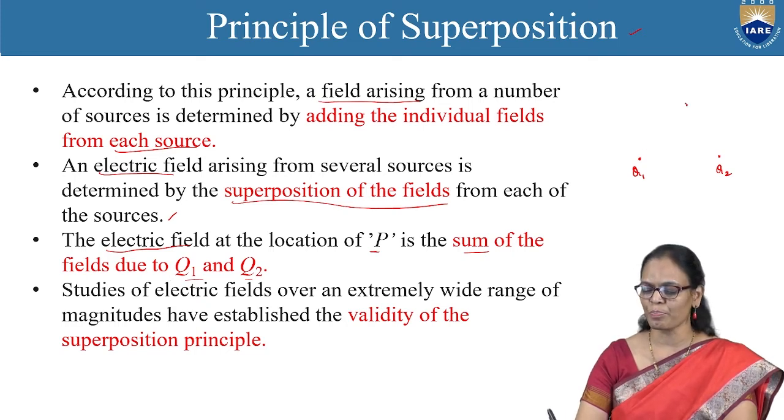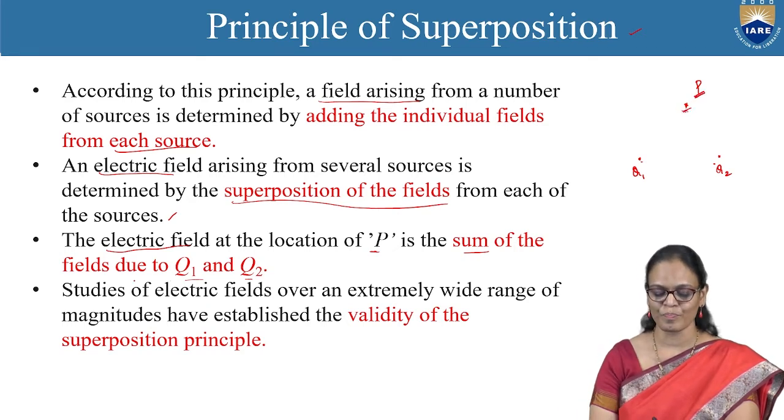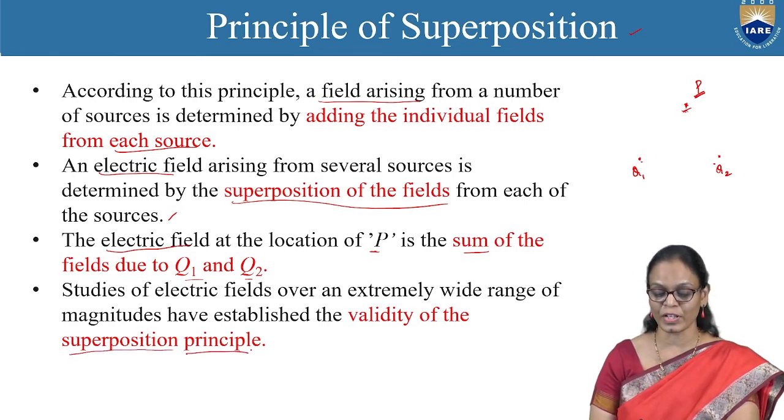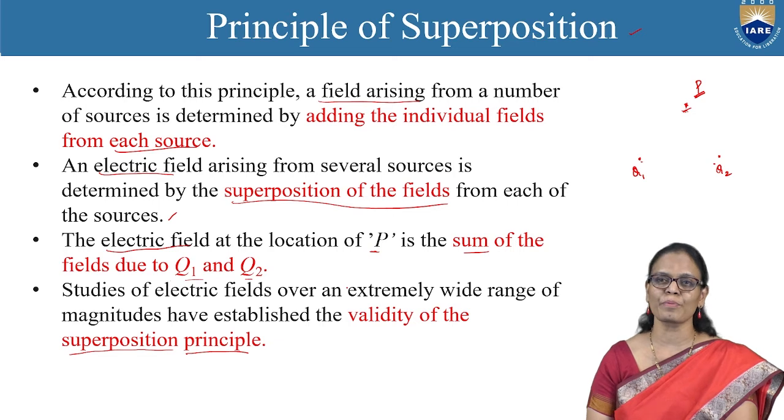So at a point P, the influence of both the charges is there, means the effect of both the fields is there. So the field at P will always be the vector sum of the two fields due to Q1 and Q2. So studies of electric fields over an extremely wide range of magnitudes have established the validity of the superposition principle. When we have done experiments with a large number of electric fields, the superposition principle has got its validity.